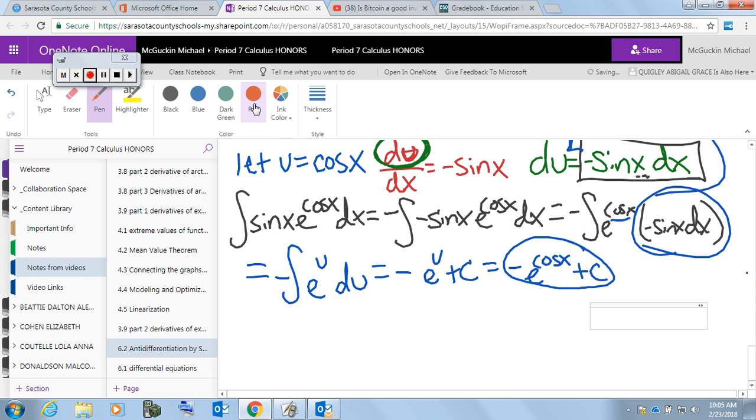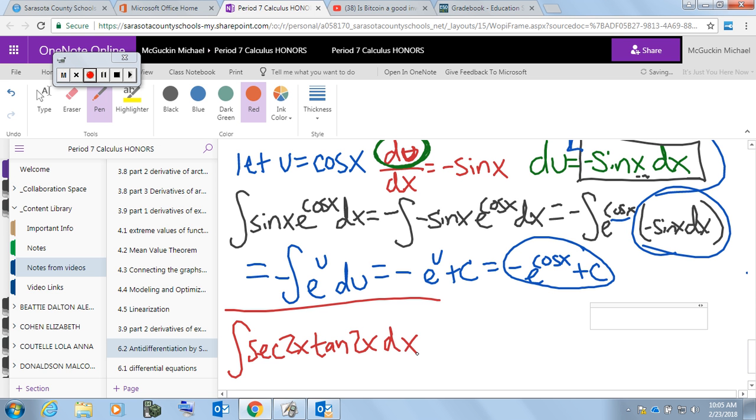Your shot is to evaluate the integral of secant of 2x times tangent of 2x dx. I'm going to let you know that you should make u equal 2x. So use u equals 2x for this one. Give it a shot and double check that your answer comes out to this. I'm going to let you know what u is to start it off and see if you're on the same page, and then on to the next one.